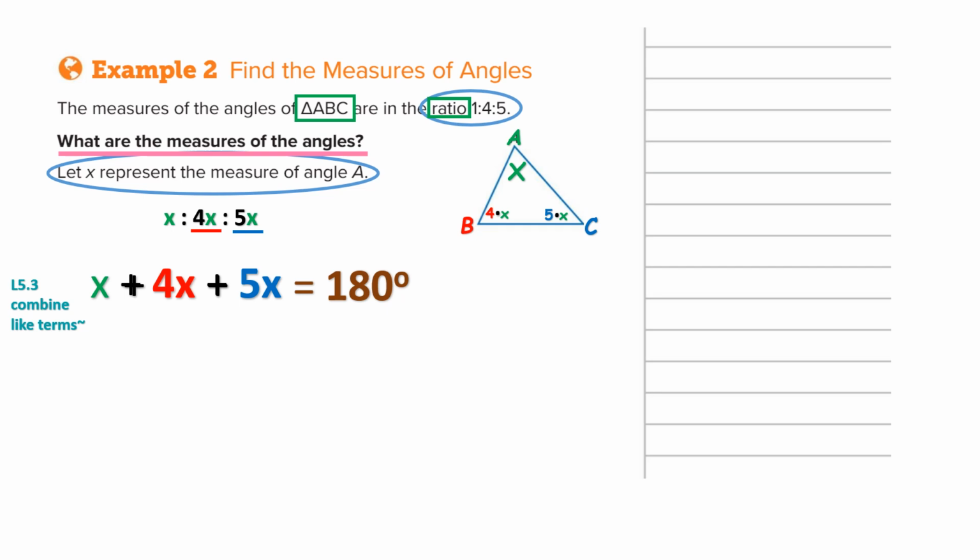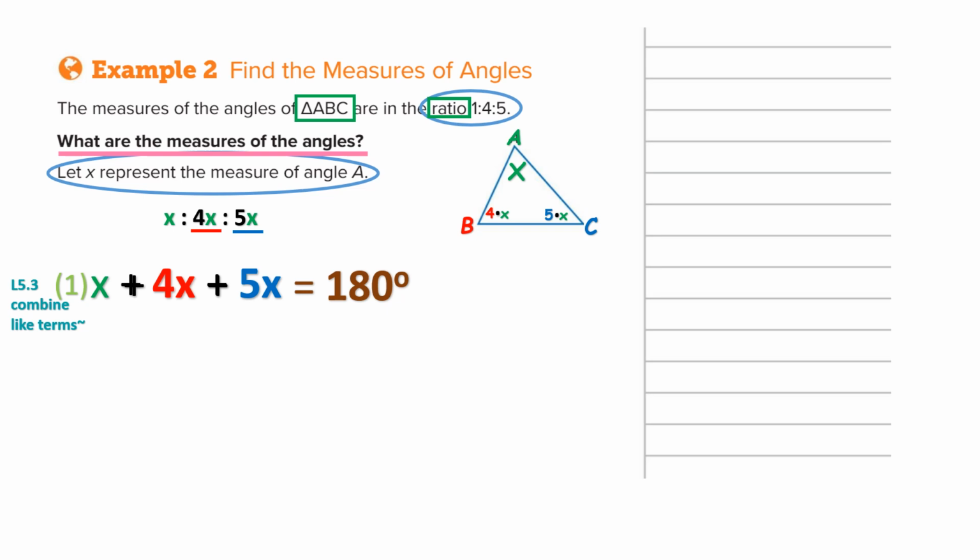Well, I have all of these with a label of x, but also in our review of combining like terms, we talked about, well, that x doesn't have a number in front of it, but it does have that understood coefficient of 1. Any variable by itself does have a coefficient of 1, because when we ask ourselves, well, how many x's are there in that first term? There's 1, right? So it is going to be 1x.